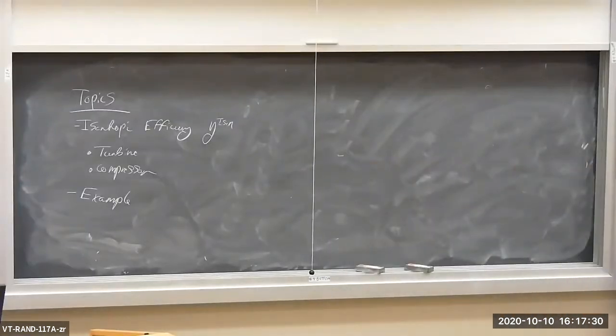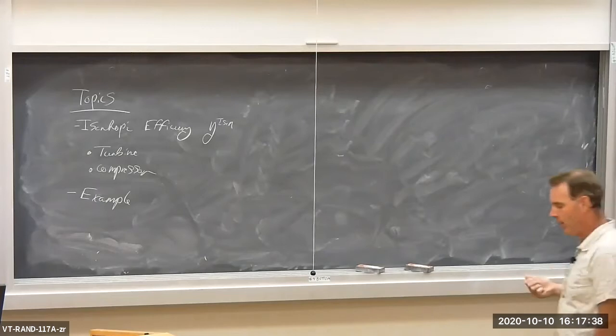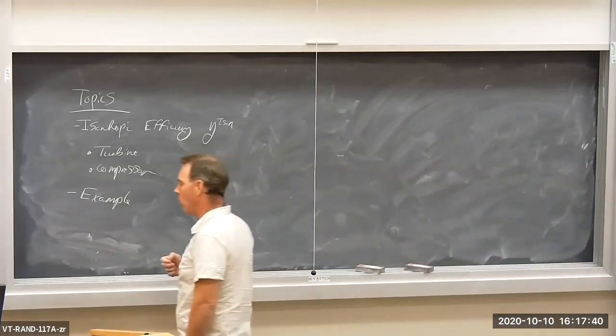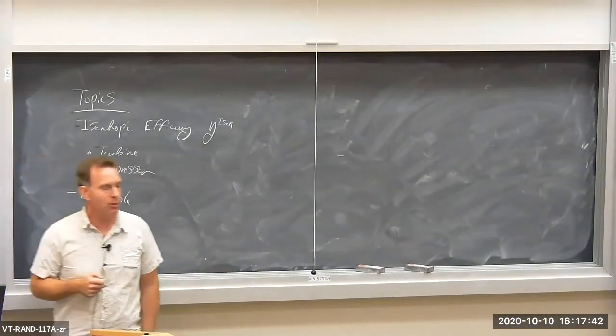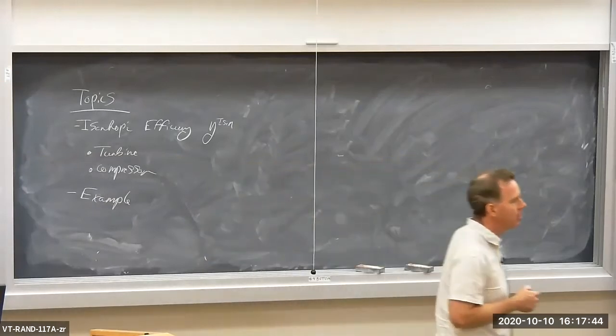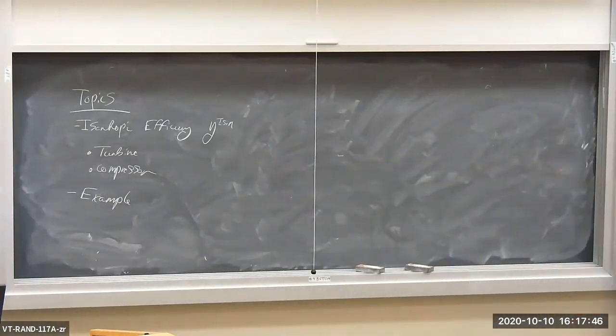So let's move on and finish off our chapter on entropy by investigating the concept of isentropic efficiency. This is a way for comparing or calculating the efficiency of an actual device that may contain all sorts of irreversibilities.